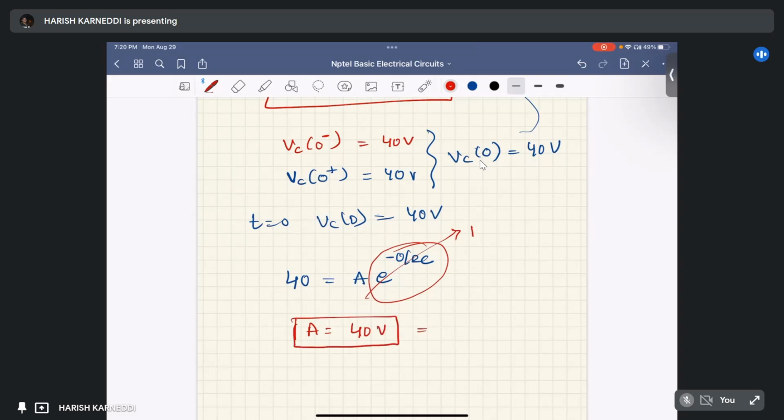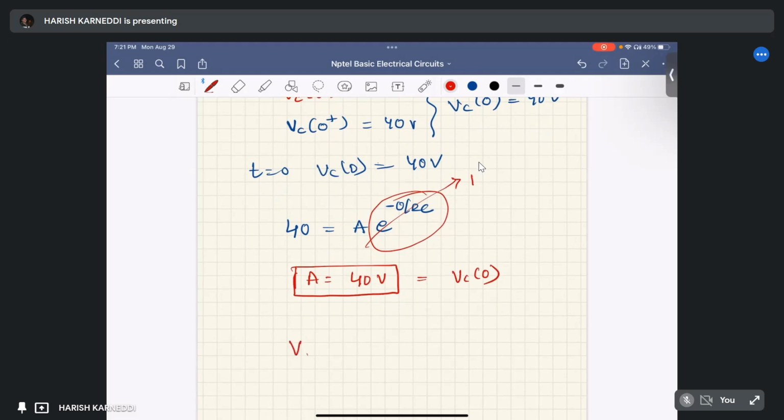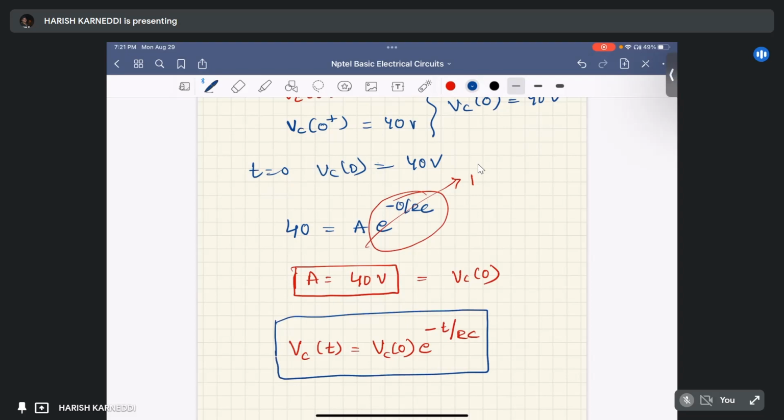What is this 40 volts? This is equal to Vc of 0, that is the initial condition. So we can write Vc of t equal to Vc of 0 into e power minus t by RC. This is our final equation for the voltage across the capacitor, where Vc of 0 is the initial voltage across the capacitor.